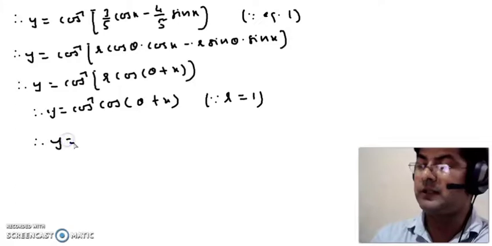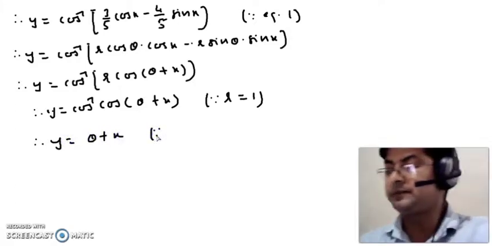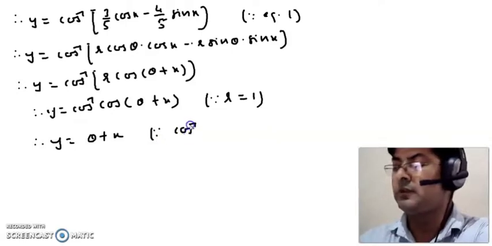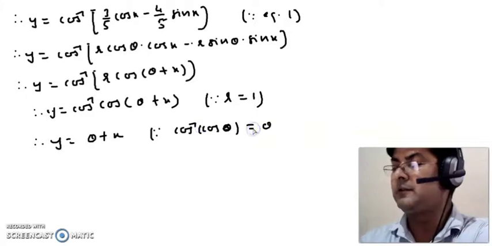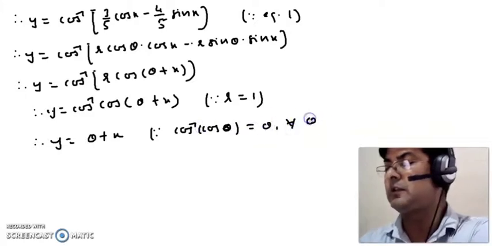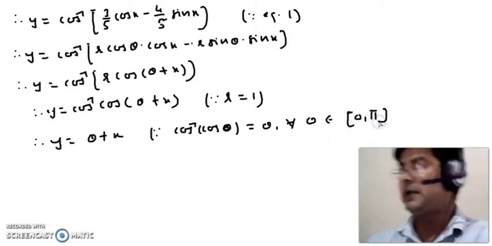And therefore y is equals to theta plus x, since we know that cos inverse of cos theta is equals to theta for all theta belongs to 0 to pi.